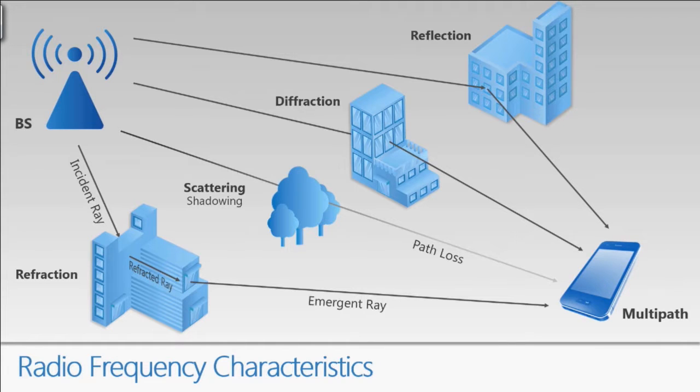Now, refraction is where the wave passes from one medium to another, causing the wave to change direction. I know it sounds a lot like reflection, but the key characteristic of refraction is that it really is caused by different densities and humidity. So having a picture of a building here is kind of misleading.